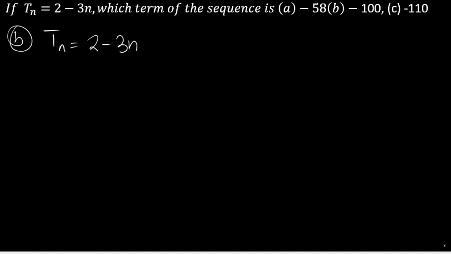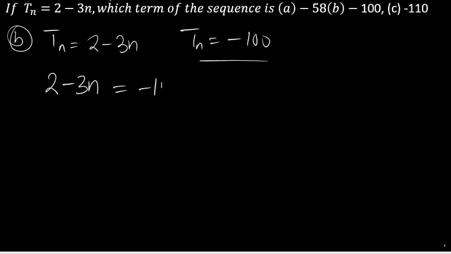Now look for the value of n when the nth term is equal to minus 100. So we're solving for the value of n where the nth term will be equal to minus 100. So we have 2 minus 3n equal to minus 100.